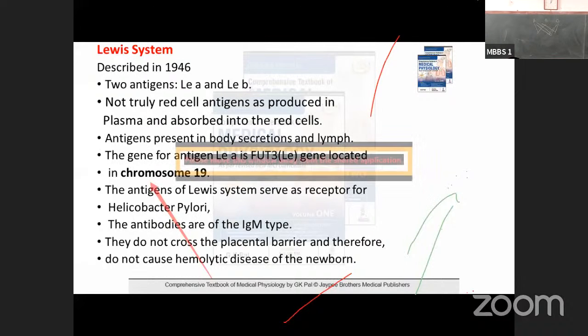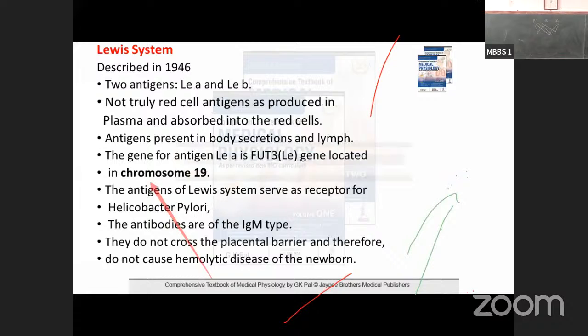They are present in body secretions and saliva. The gene is present on chromosome number 19, and these antigens serve as receptors for Helicobacter pylori. They are IgM type and do not cross the placental barrier, so they do not cause hemolytic disease in the newborn.